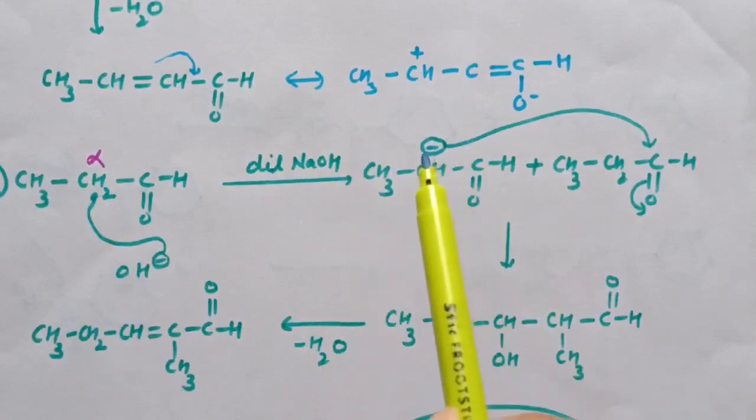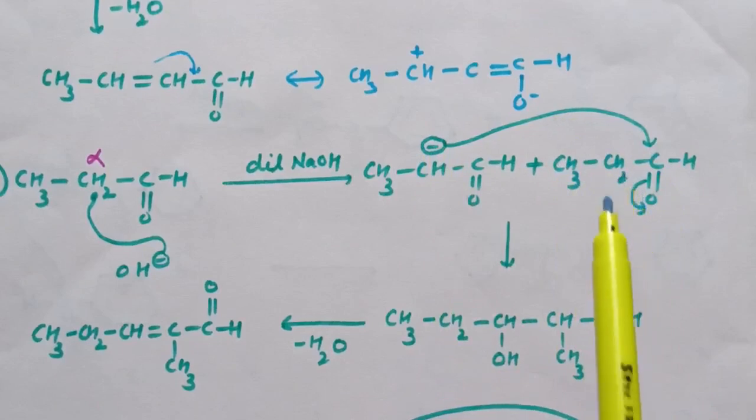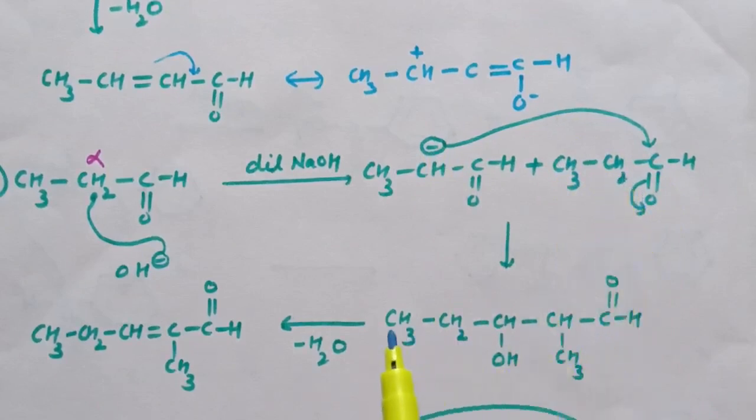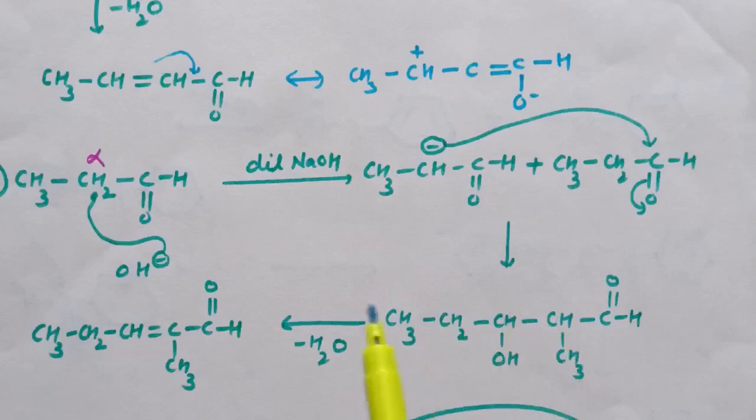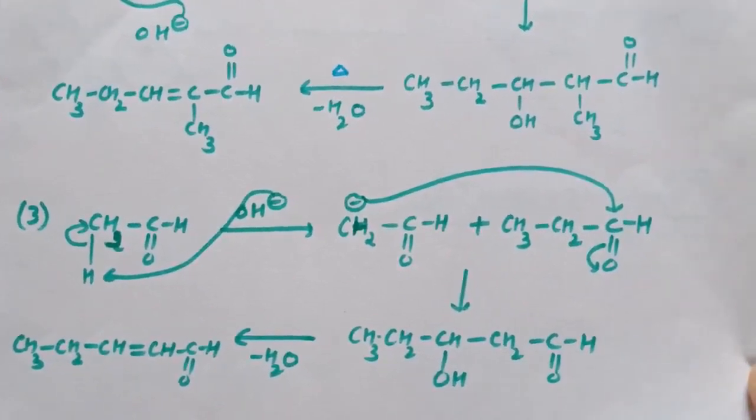Now this negative charge will attack the carbonyl carbon of the next propanal molecule, resulting in the formation of this aldol, and on heating there is a loss of a water molecule, resulting in the formation of this aldol condensation product. Now third is cross-aldol condensation reaction.